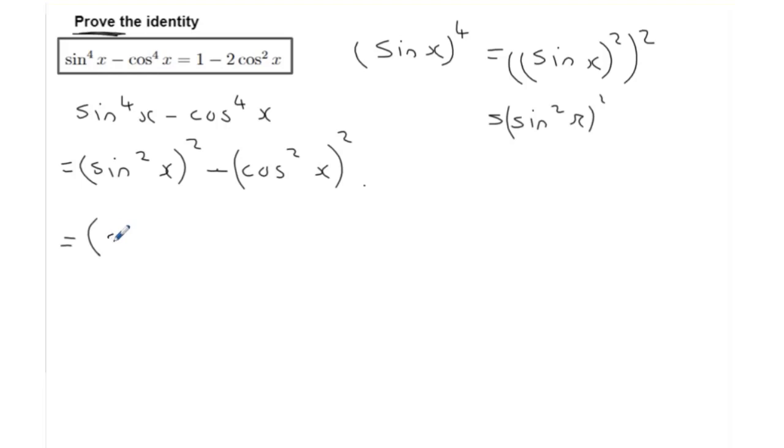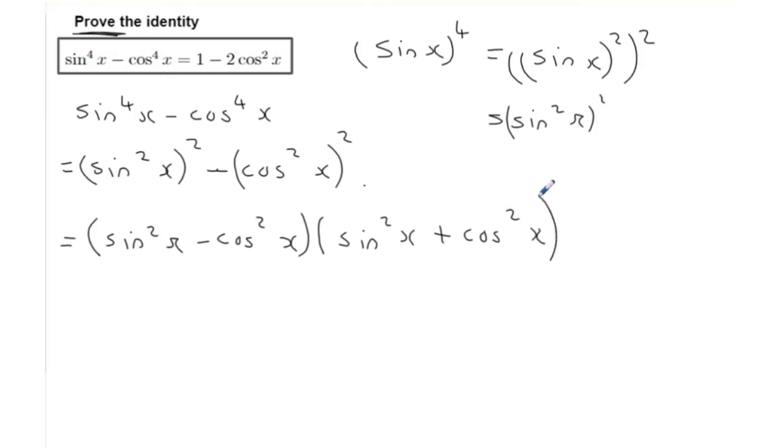Just difference of two squares: sine squared x minus cos squared x, times sine squared x plus cos squared x. Right, so we've got it like that.